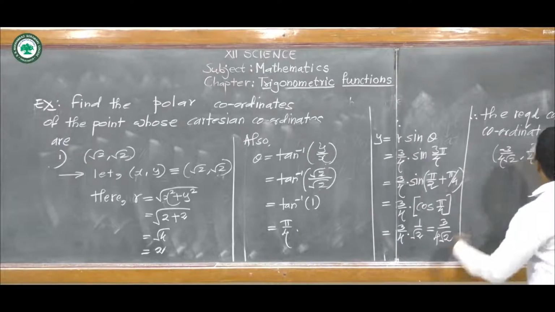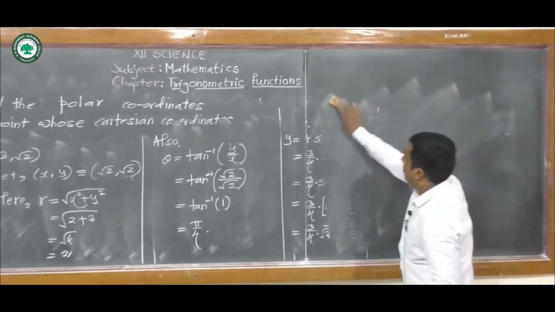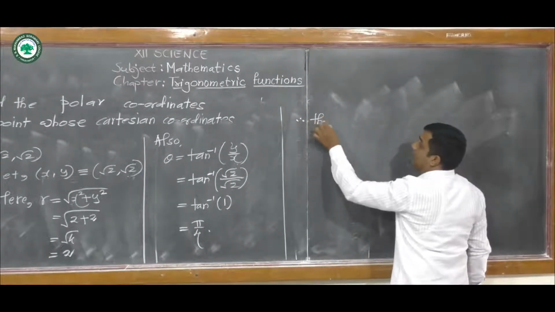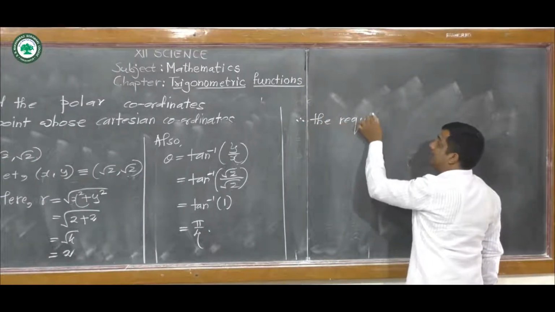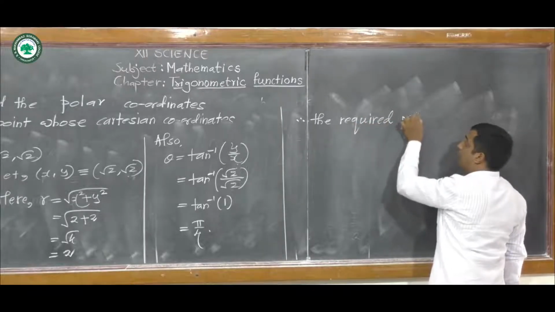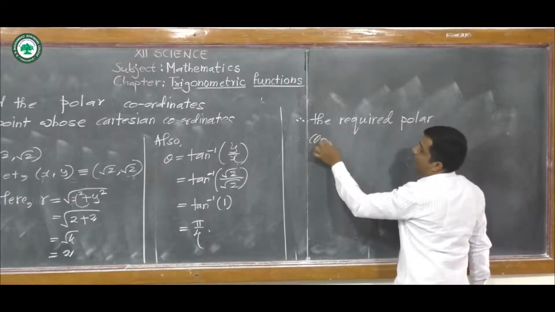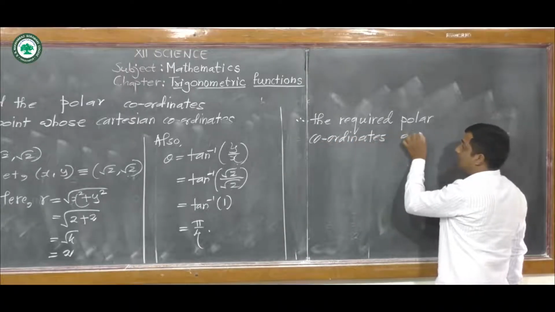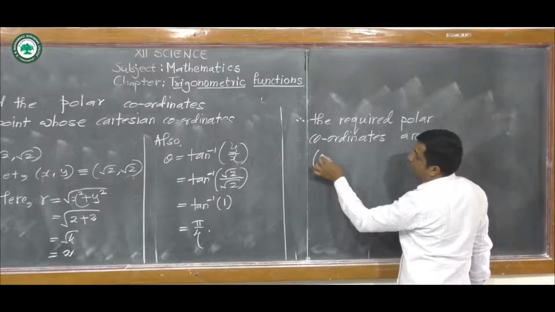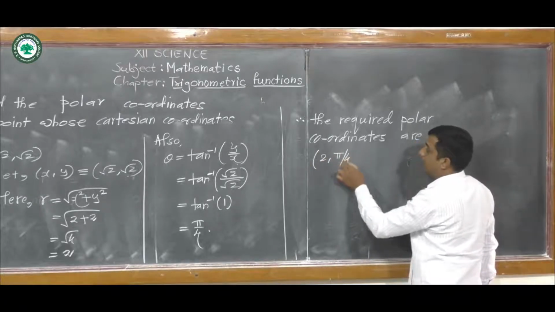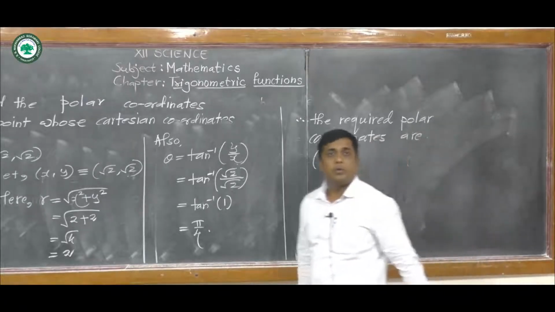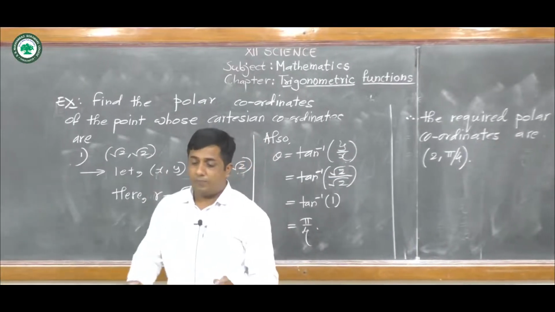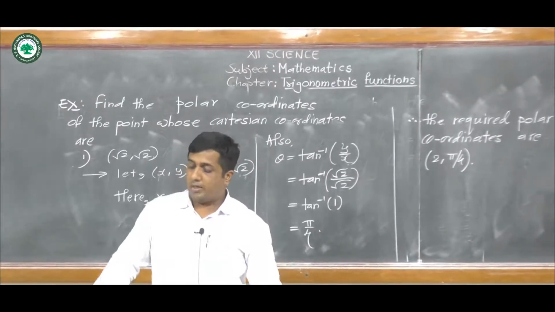So here we get the polar coordinates. Therefore the required polar coordinates are 2 and pi by 4. So by using the Cartesian coordinates, we find the polar coordinates.